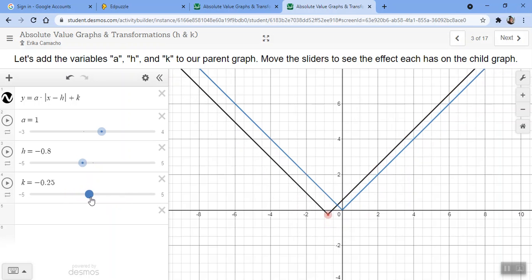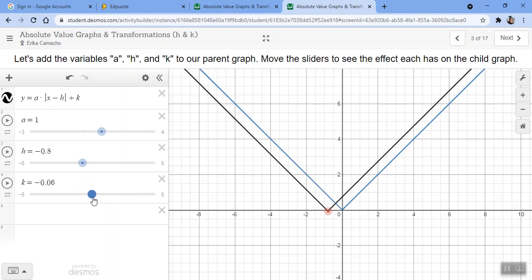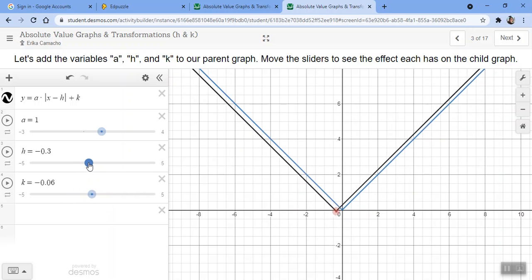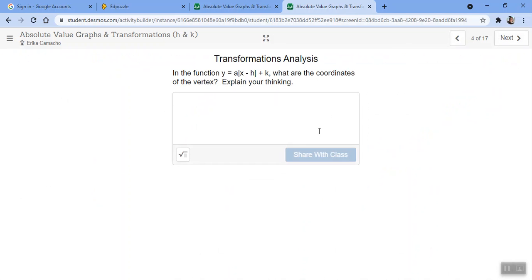So h and k must be the value of the vertex. That's how I would answer this: the vertex is (h, k), because h moves things left and right, and k moves the vertex up and down.